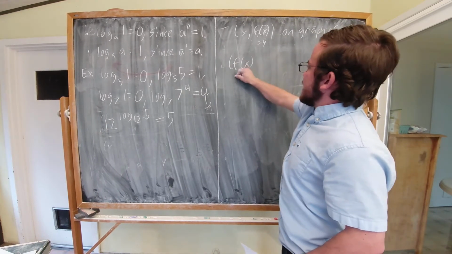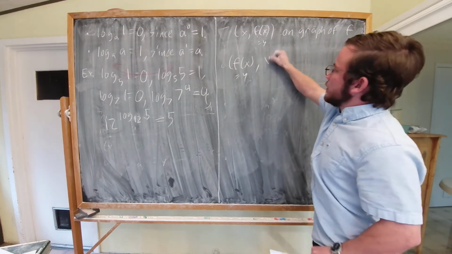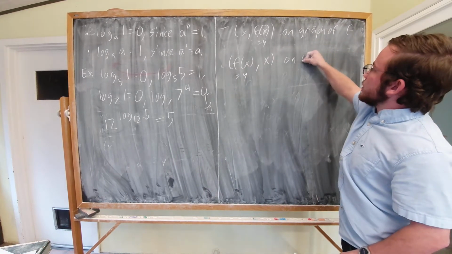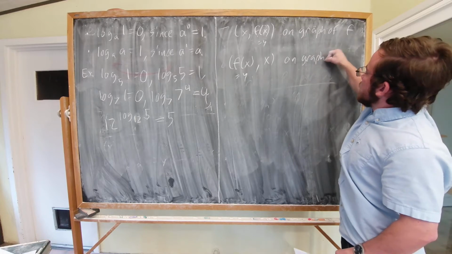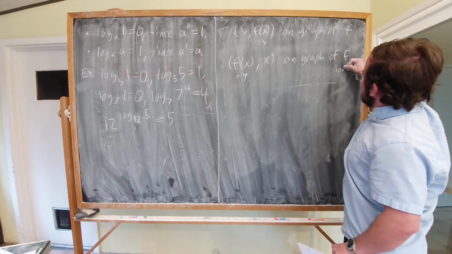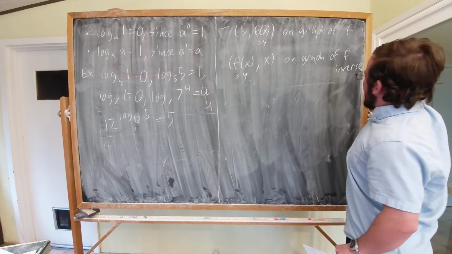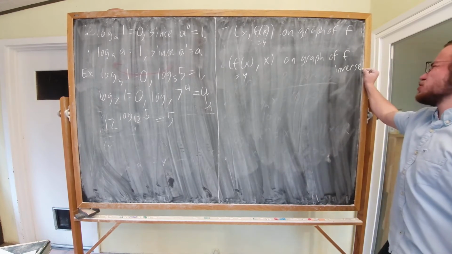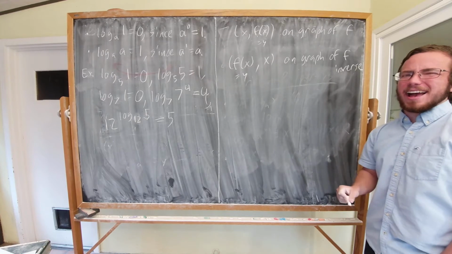So f of x, aka your y value, x, is on the graph of f inverse. I don't recall if I've given you guys the notation for inverse functions yet, so I'm just going to say f inverse.